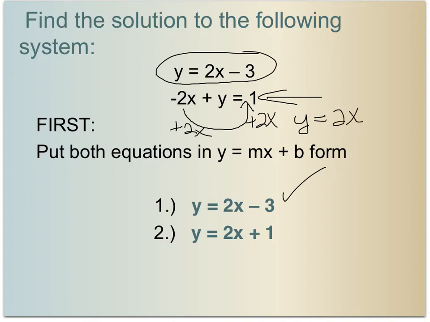And remember that 2x has a special spot to sit when it's in y equals mx plus b form. It needs to sit immediately after the equal sign. So I'm going to bump it in there in front of the 1. And the 1 is positive, so it's going to go right there. So here is this equation in y equals mx plus b form. And now I'm ready to go. I'm ready to graph.